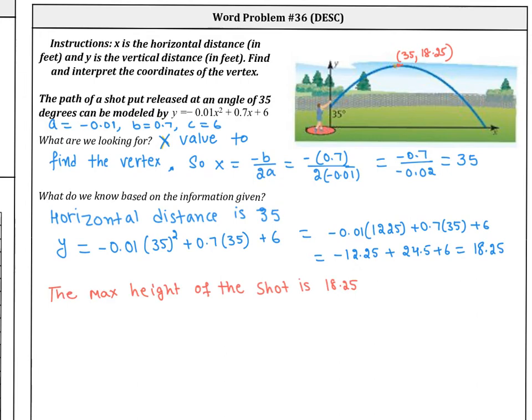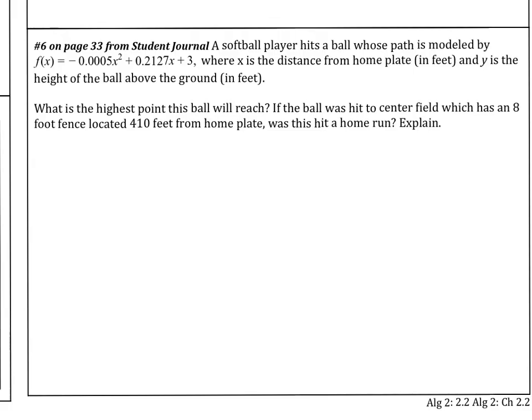So what we know about this problem is that the maximum height of the shot put is 18.25, that is the y coordinate of the vertex. Now you're going to pause the video and do number 6.